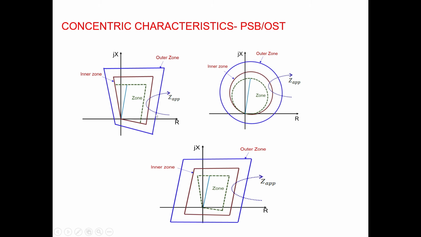The time taken by the impedance locus to cross from the outer zone to the inner zone is noted down, and if this time is greater than the set time, for example the time taken is 10 milliseconds and our setting is 5 milliseconds, then it will detect a power swing and the relay will block the distance protection zones.